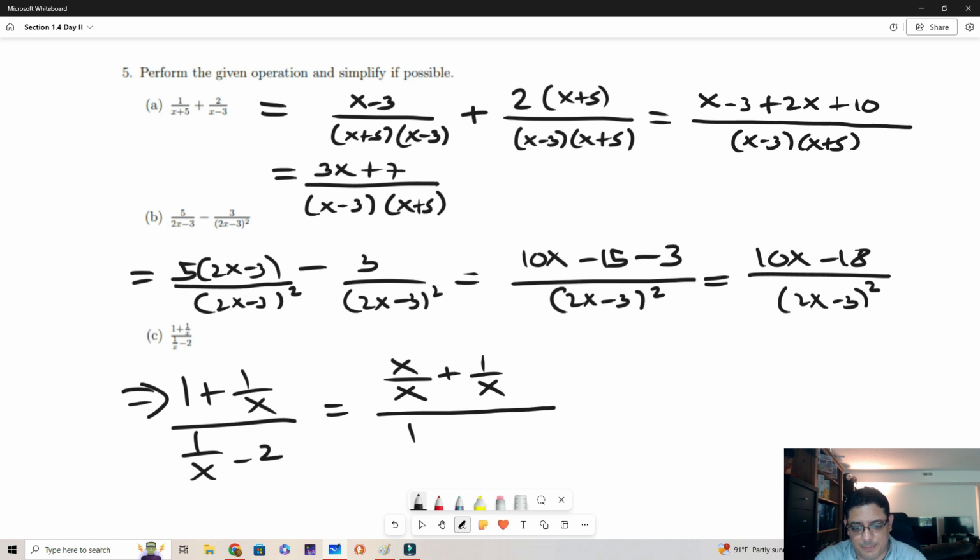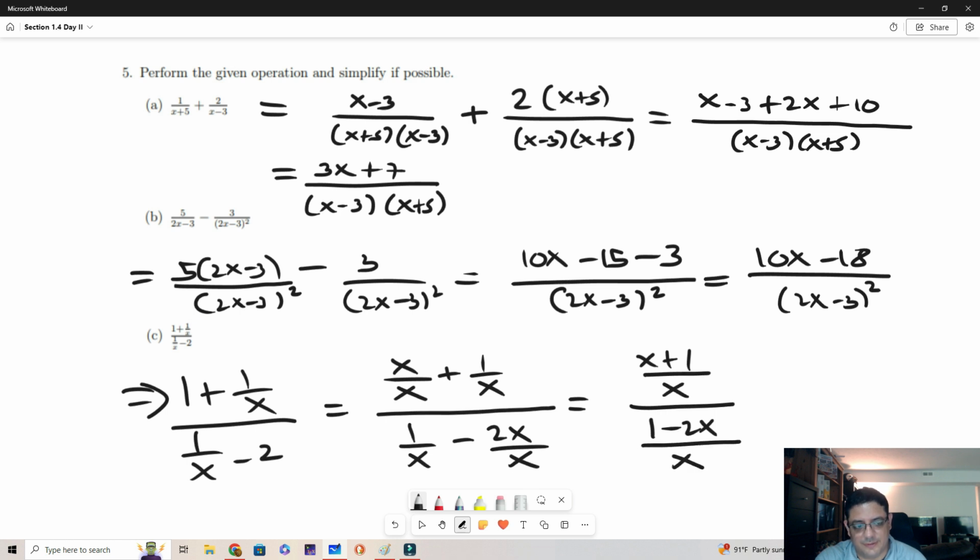Below, for this 2, we just multiply by x up and down, so now we have the same common denominator. This becomes x plus 1 over x, and now this becomes 1 minus 2x over x.